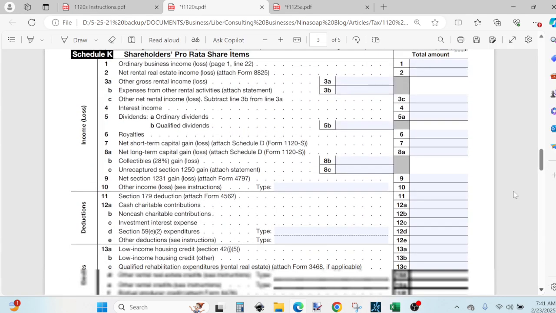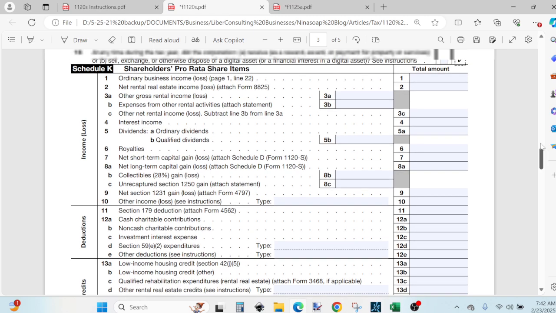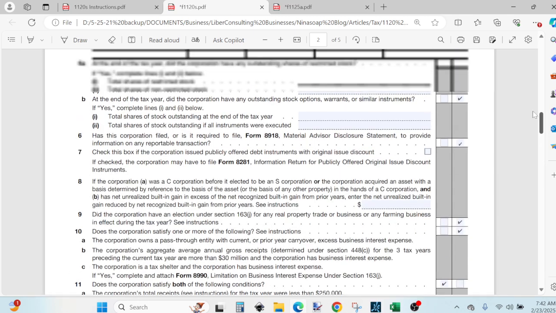And now we are on Schedule K. So how do you complete Schedule K? Form 1120S. You'll have line 1, which is your profit or loss from page 1, and I believe it is negative 772.